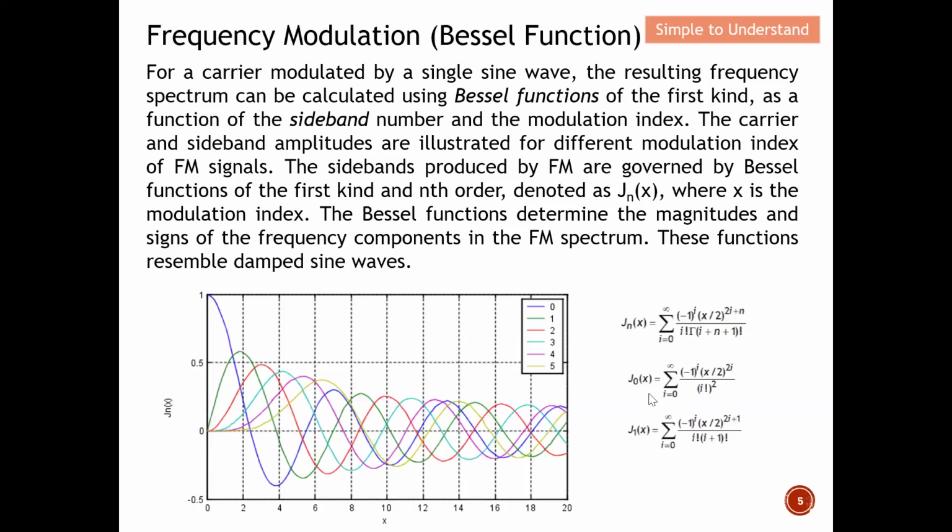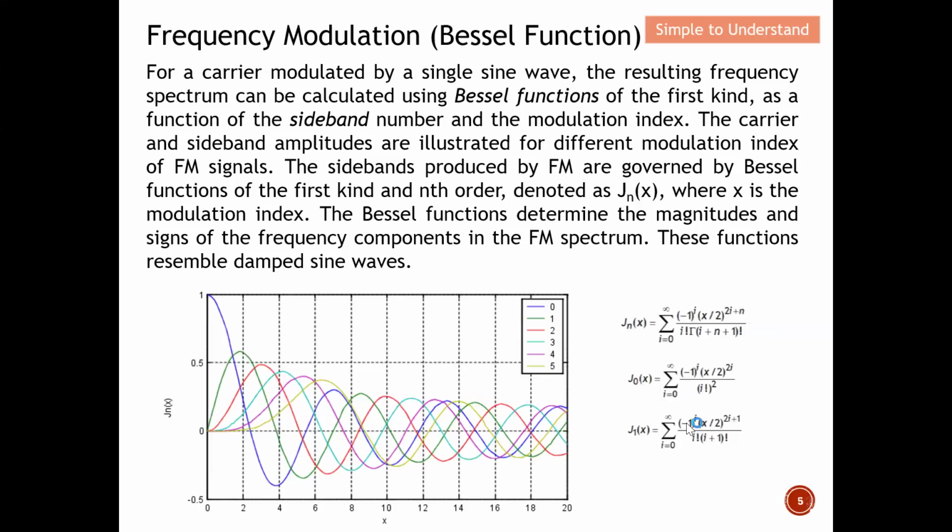If you increase the X value, then you will be able to draw the blue curve as shown over here. I think if you draw this in MATLAB, it will be much easier rather than the manual way. For the second one, let's say this is J1X, which is the green color. What you need to do is substitute n equals 1 into this equation. Then you have this equation.